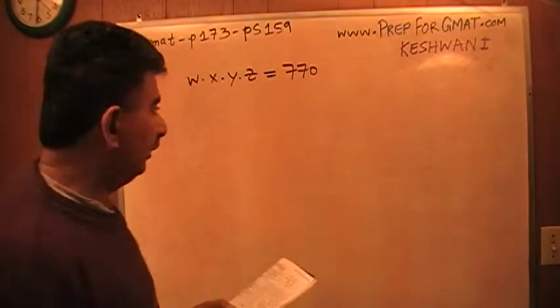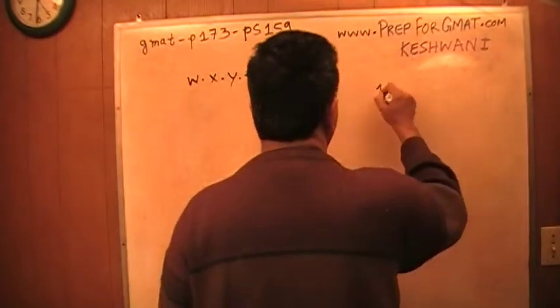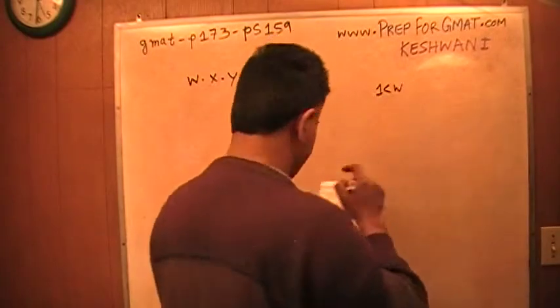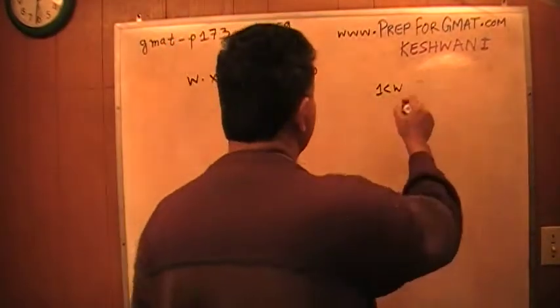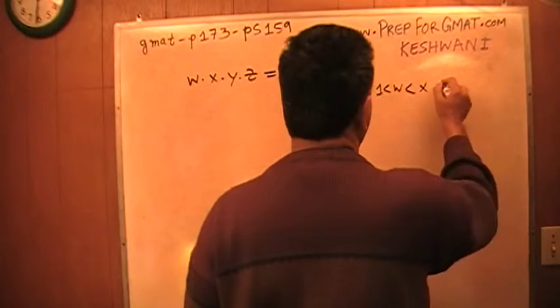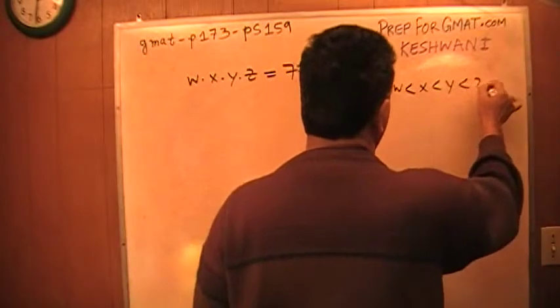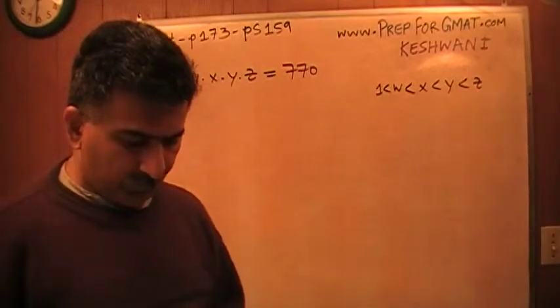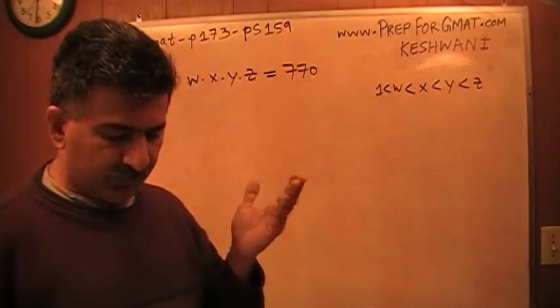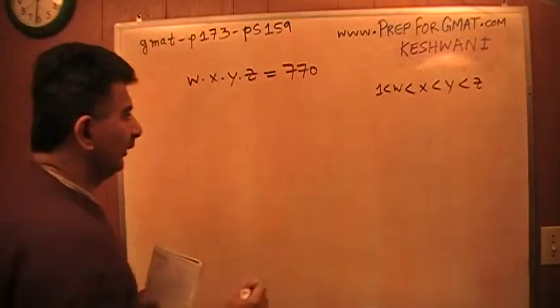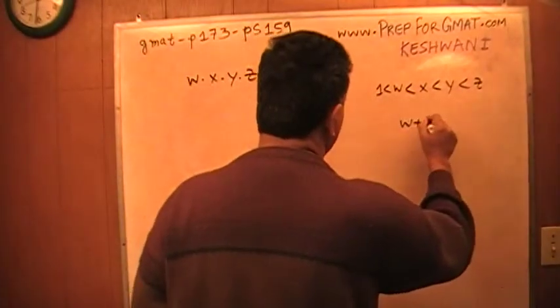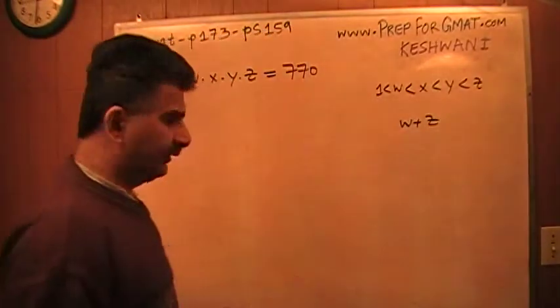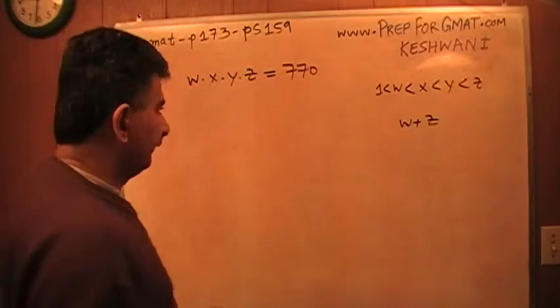We are also told that w is more than 1, and x is more than w, and y is more than x, and z is more than y. The question simply is, what's the value of w plus z? That's all they're asking. Let's get going.